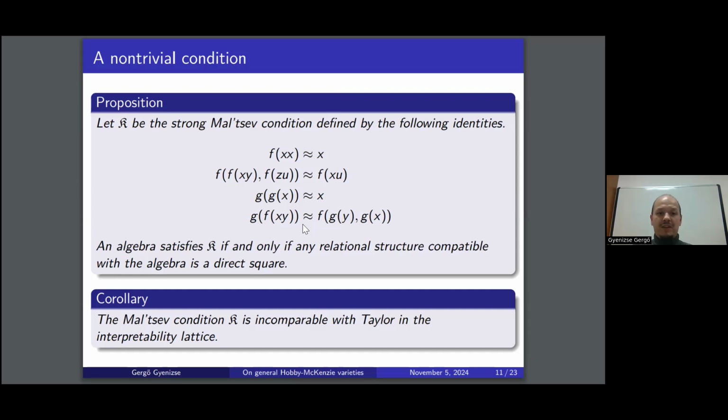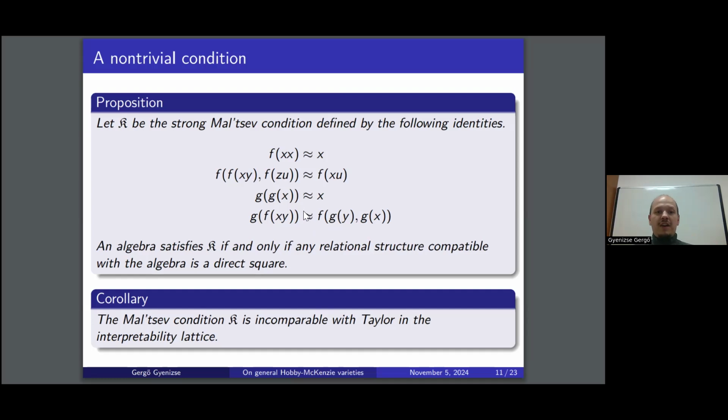So, for example, it cannot have a two-element algebra, and that means that Taylor cannot imply this Markov condition, because it's of course possible that we have a Taylor variety that has a two-element algebra.